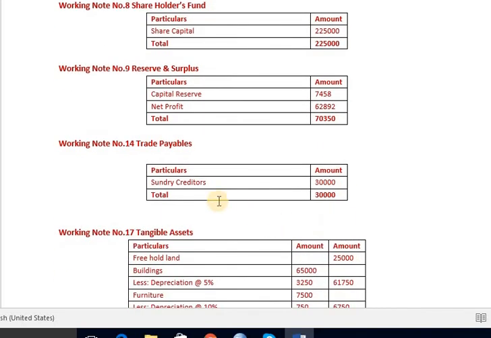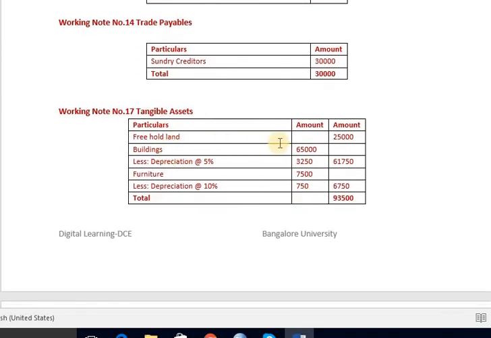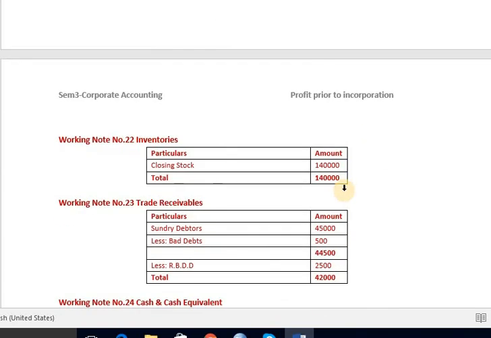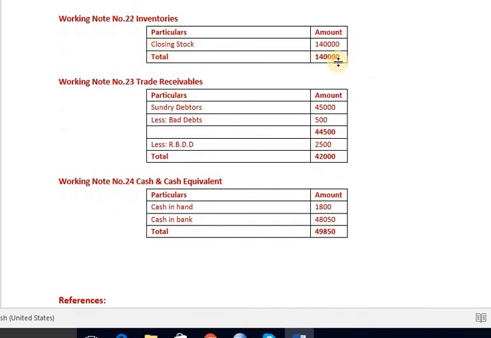Trade payables: sundry creditors 30,000. Tangible assets: freehold land 25,000, building 65,000 less depreciation at 5%, 3,250, balance 61,750; furniture 7,500 less depreciation at 10%, 750, balance 6,750; total 93,500.